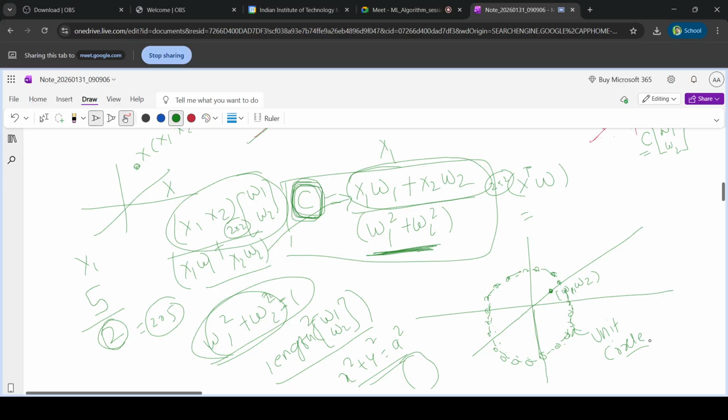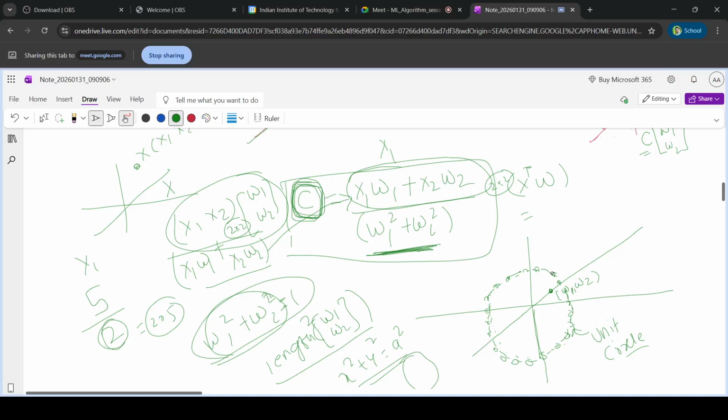For example, you will say, okay, I know c equals x into w divided by w square. That's okay for an exam, where it is very useful to know the formula. But for an interview, if you say that you are a machine learning engineer, you should know the basics of all the machine learning algorithms, so it is better to know these kinds of concepts.